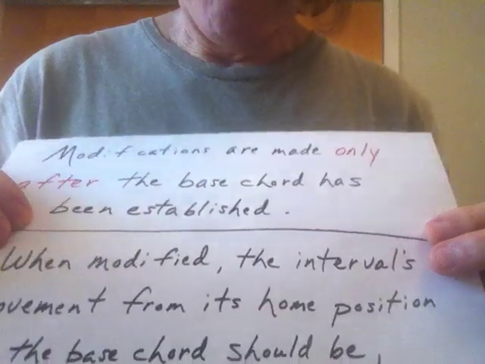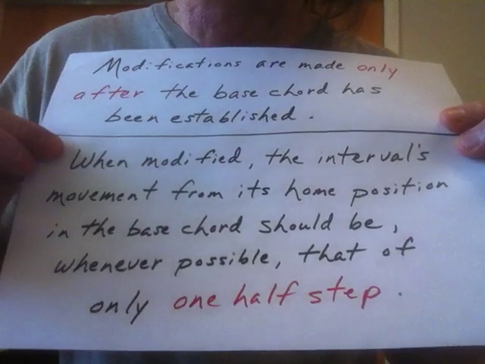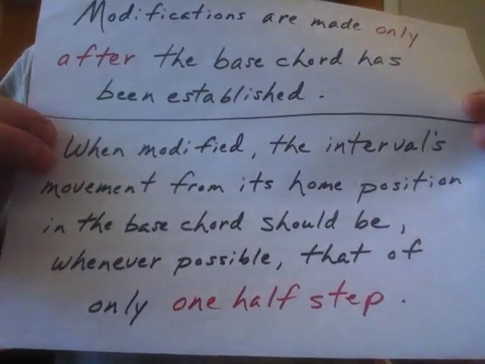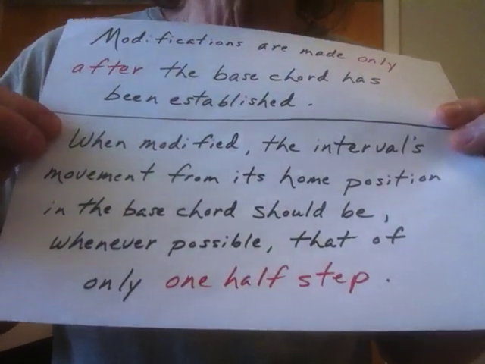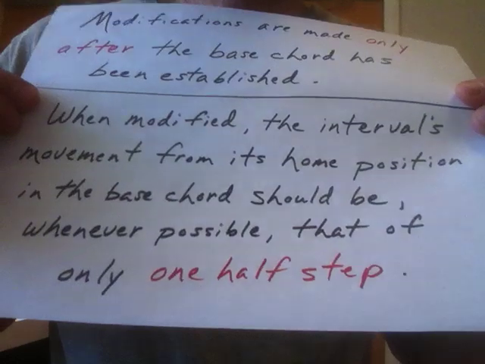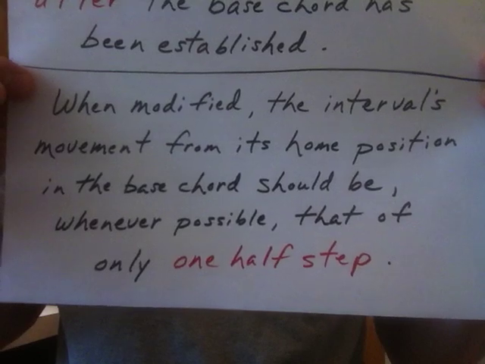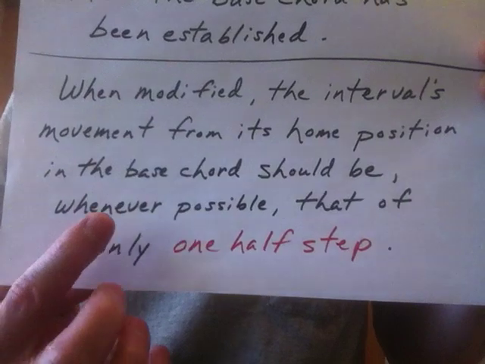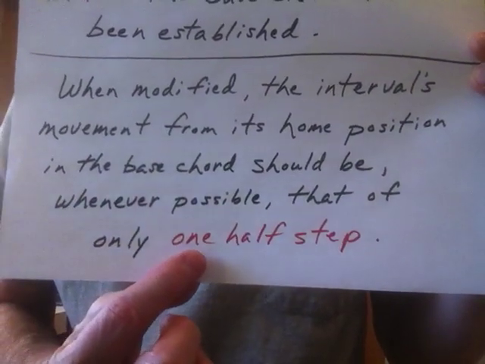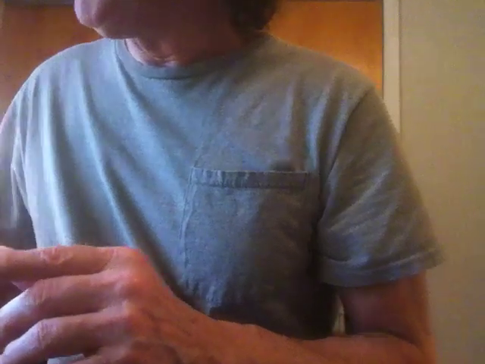And down here we have, when modified, the interval movement from its home position in the bass chord should be, whenever possible, only a half step. I'll let you read that there. In other words, the movement, the modification, from its home position, if possible, should be only a half step. That's very important. I just wanted to throw that in. And I want to show you examples so you know exactly what I'm talking about.